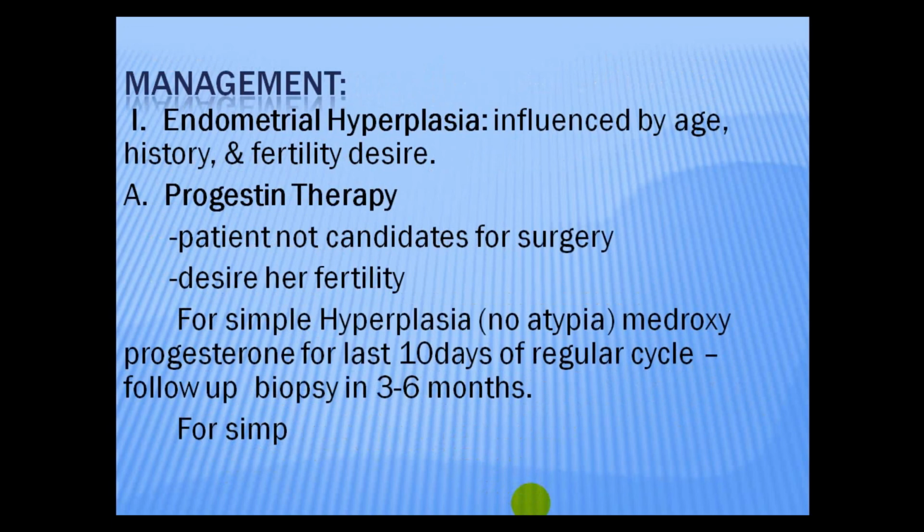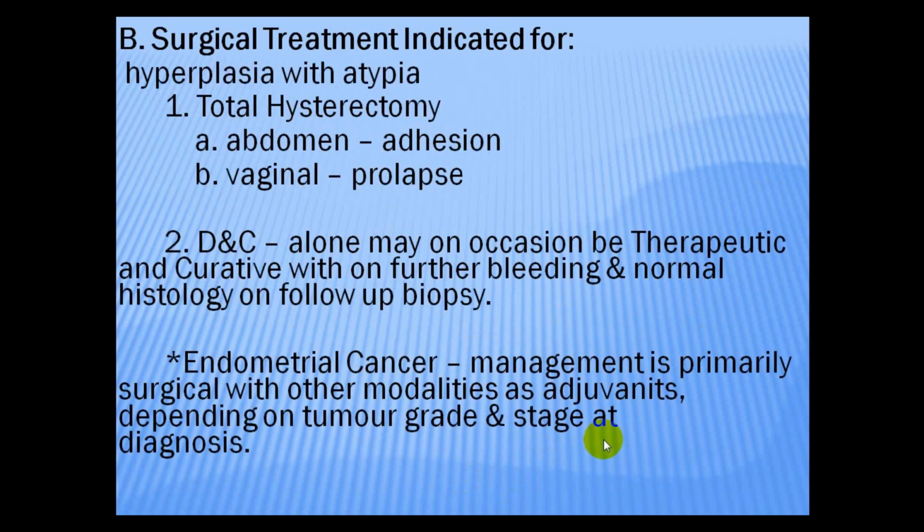About the management of postmenopausal bleeding in general, endometrial hyperplasia management is influenced by age, history, and fertility desire. Number one, progesterone therapy: for patients who are not candidates for surgery, who desire fertility, and for simple hyperplasia without atypia. This is determined by histopathology, and lasts for 3 to 6 months.